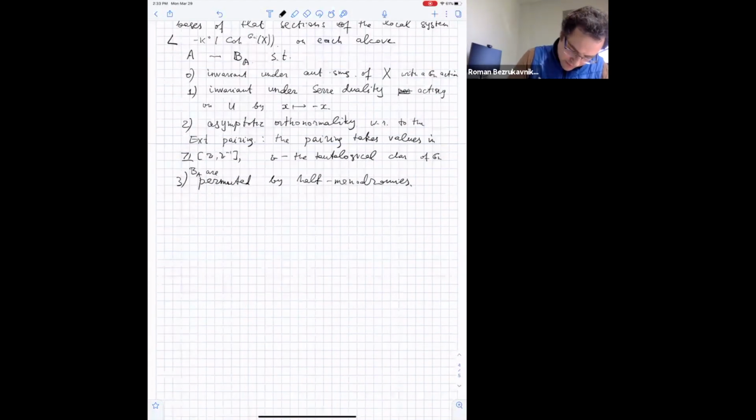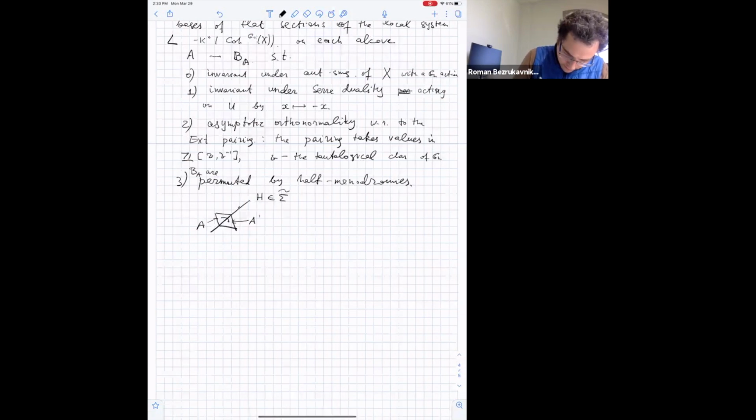Suppose we have two neighboring alcoves, A and A prime, separated by hyperplane H in signature, and I can connect them by a path going in the positive direction from A to A prime.